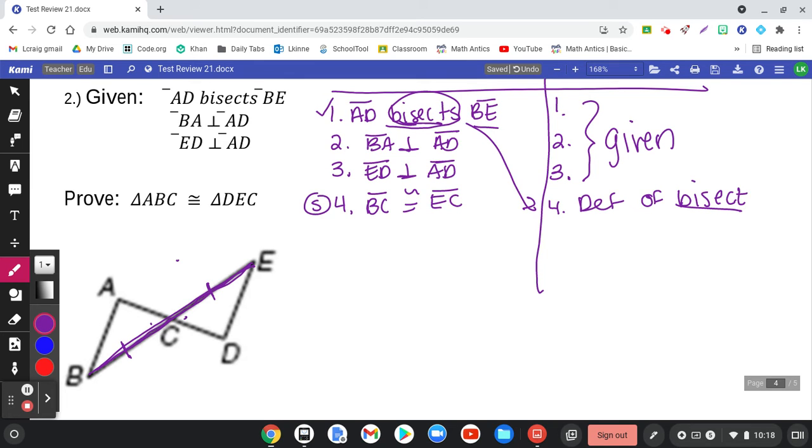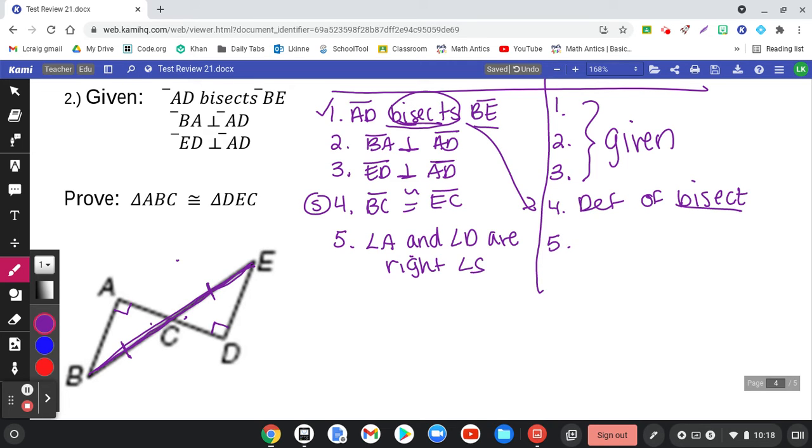Moving on. All right, BA is perpendicular to AD, and so is ED. So what does that mean? We have 2 right angles. And because there's only one angle at A and D, we can just say angle A and angle D are right angles. And why did we know that?